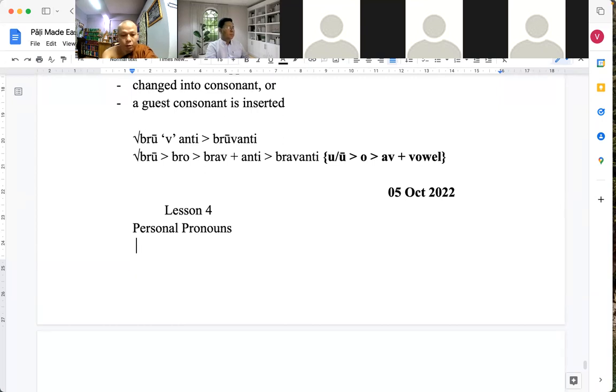So the root or verb is dhavati. That was in singular. So it can mean, he runs already. Okay, dhavati alone can mean he runs. But if we want to put a subject, then we need the personal pronoun.